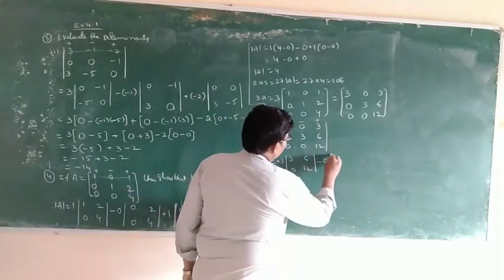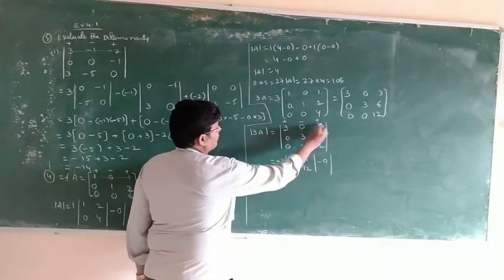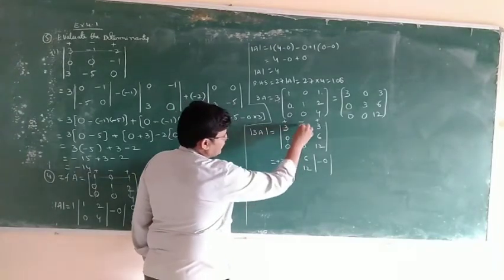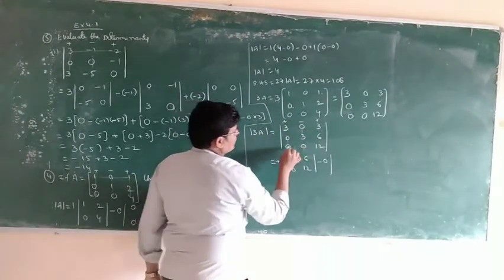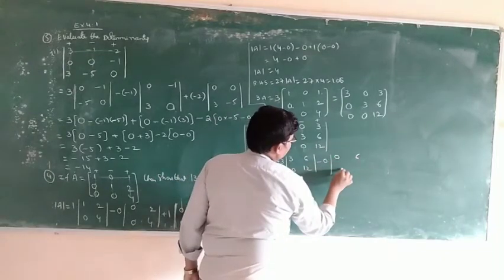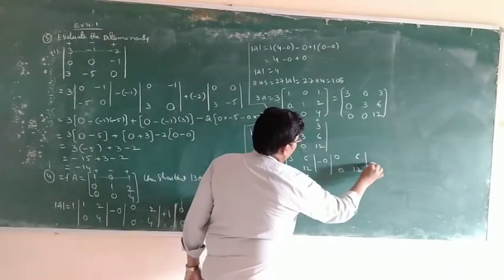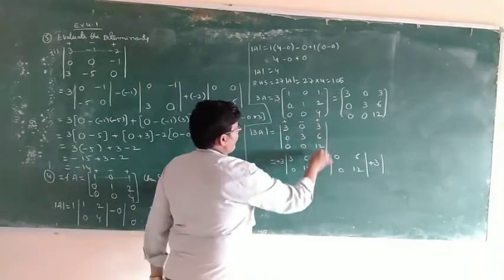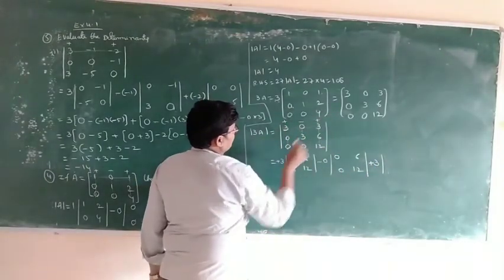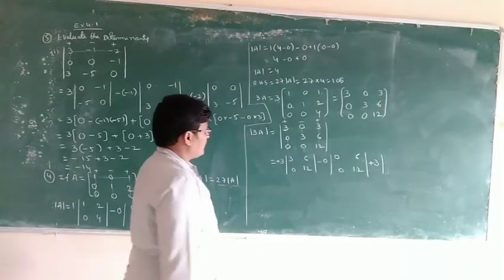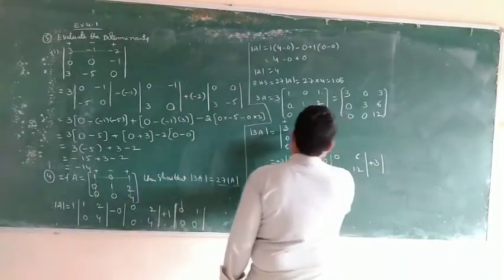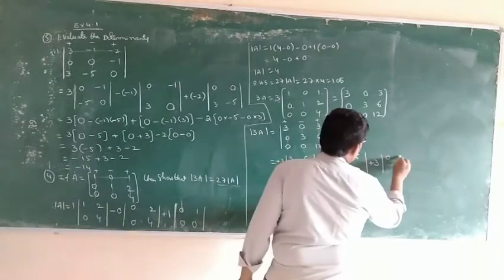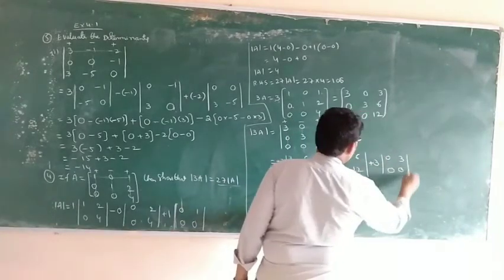Next minus 0 into the remaining 0 6, 0 12. Plus 3 into the determinant after removing the row and column, the remaining is 0 3, 0 0.